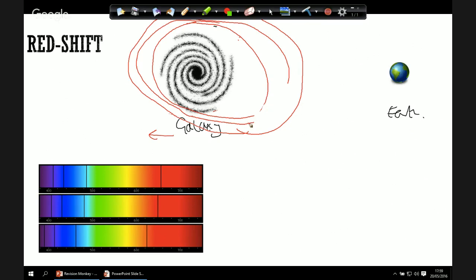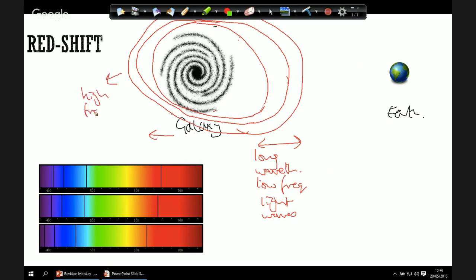So here it'd be like standing behind the car before. You'd get your long wavelength and low frequency light waves. Okay, and at the front you'd get your high frequency, short wavelength light waves.